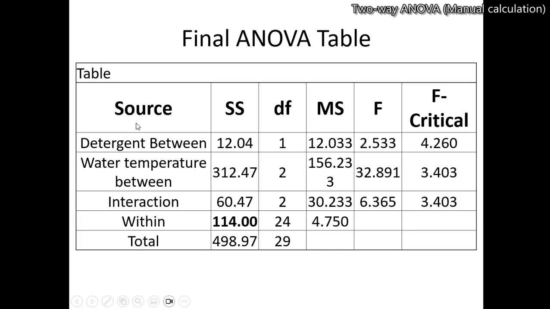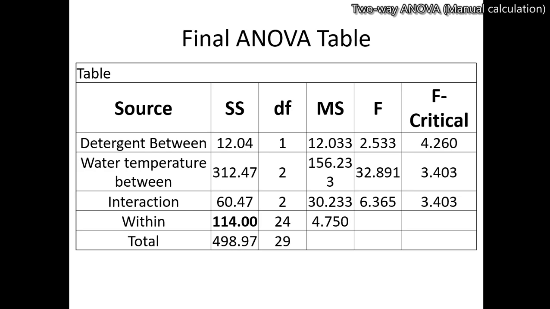Now we fill in the ANOVA table. We have sources, sum of squares, degrees of freedom, mean square, and F value. The sum of squares between for detergent is 12.04. Here the degree of freedom is 1, so MS equal to SS divided by degree of freedom is equal to 12.04.